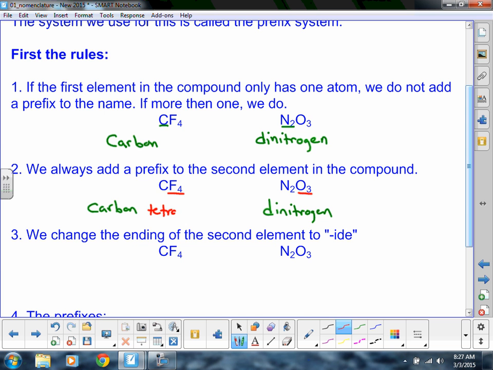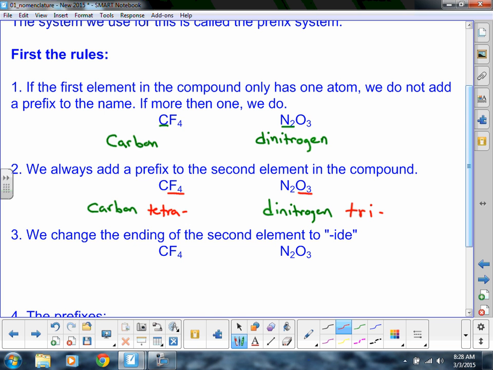And I'm going to just leave it at that for now, what the prefix is. And on the next one, we have oxygen. There's 3 of them, and so the prefix for 3 is tri, T-R-I, and I'll just leave it at that. So the first element in the compound only gets a prefix if there's more than one. The second element always gets a prefix.